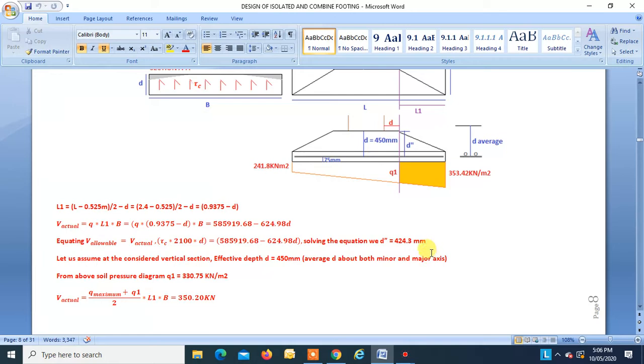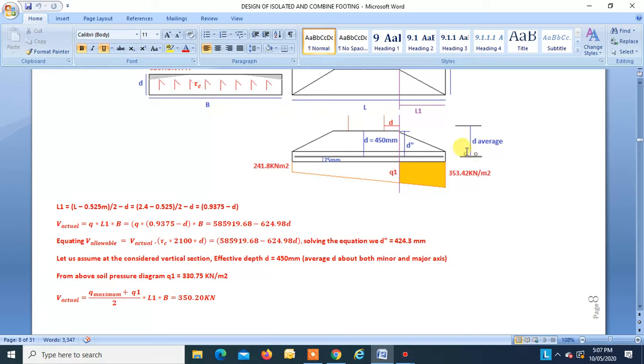What does this mean? Let me try to explain. This is the steel along the length of the footing, and there will be steel over here along the width of the footing, these two. So we are taking average D. Average D means you have to take the center of these two diameters.